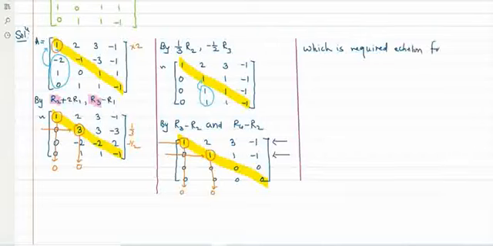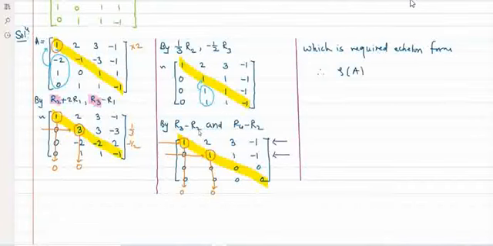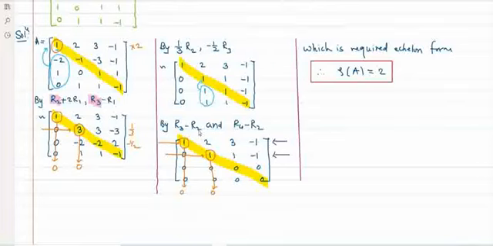Echelon form. Therefore, rank of the matrix is equal to 2. That is the required answer. If you compare with the earlier case, half the work is reduced. The rank of A is 2.